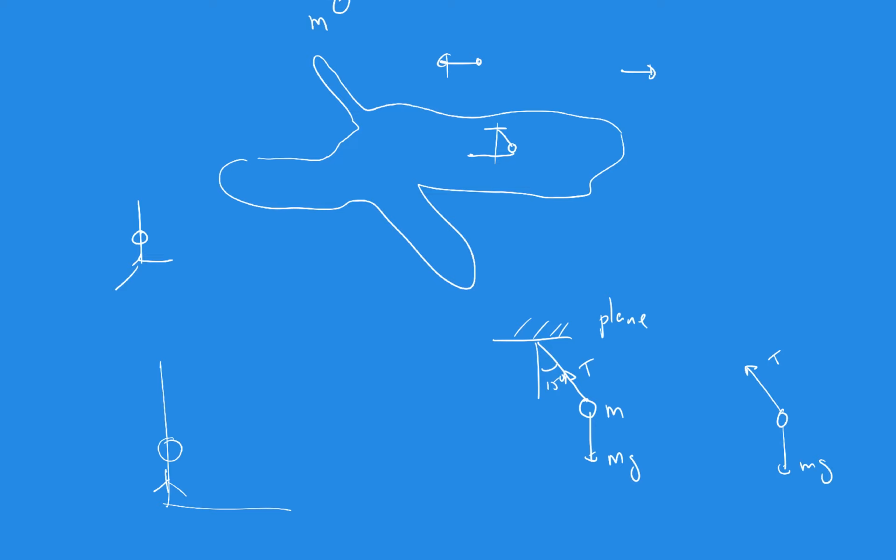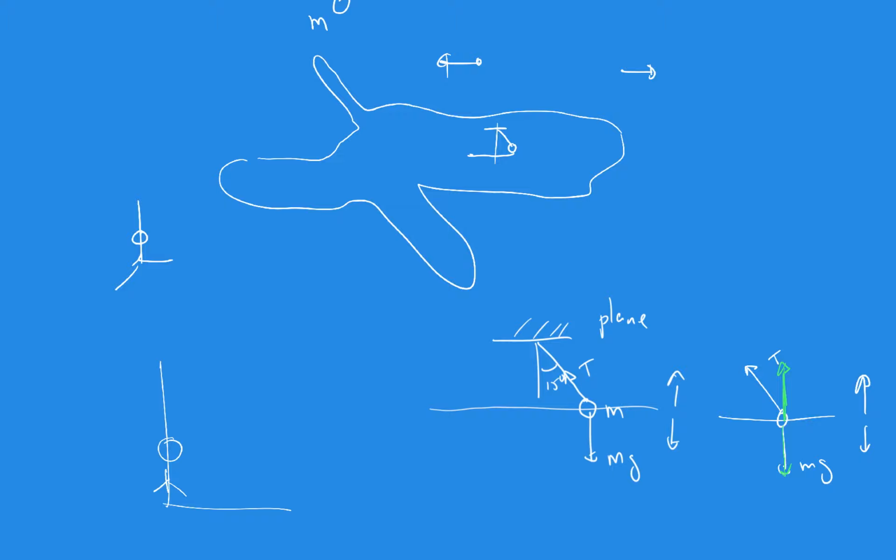You don't see the mass m go up. You don't see the object going downward, so the acceleration in the y direction is zero. That means that the vertical component of the tension of the cable is equal to the magnitude of the weight.